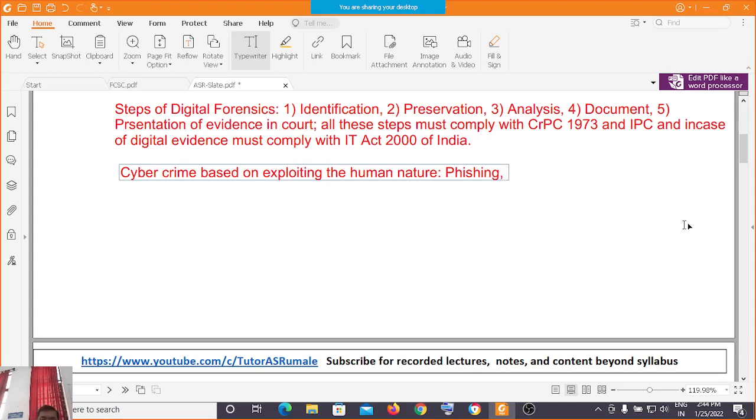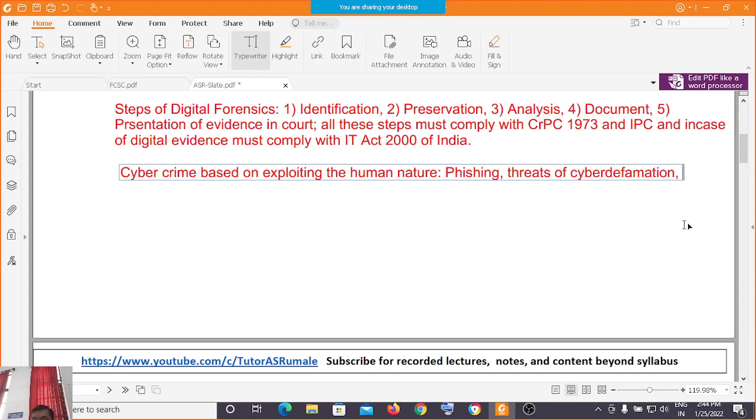Second is social friendship, or cyber defamation, the threat of cyber defamation. You have seen the Drishyam movies.